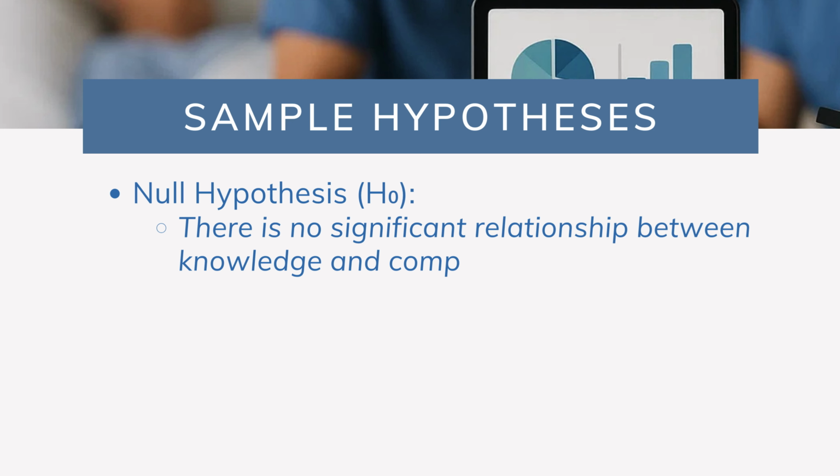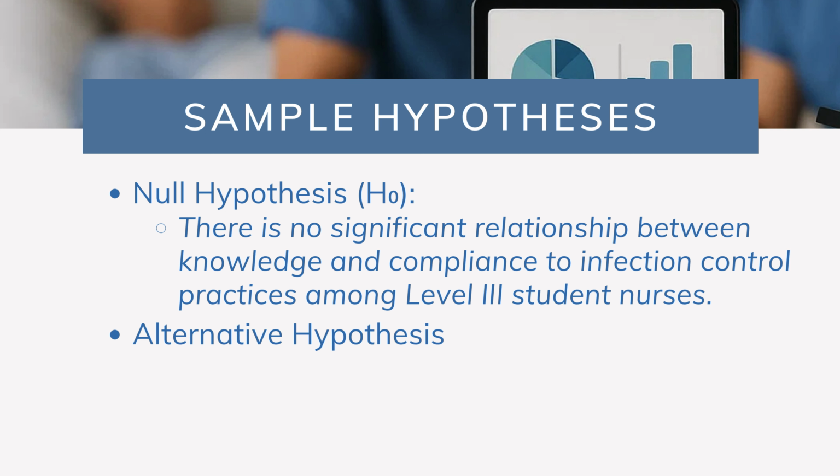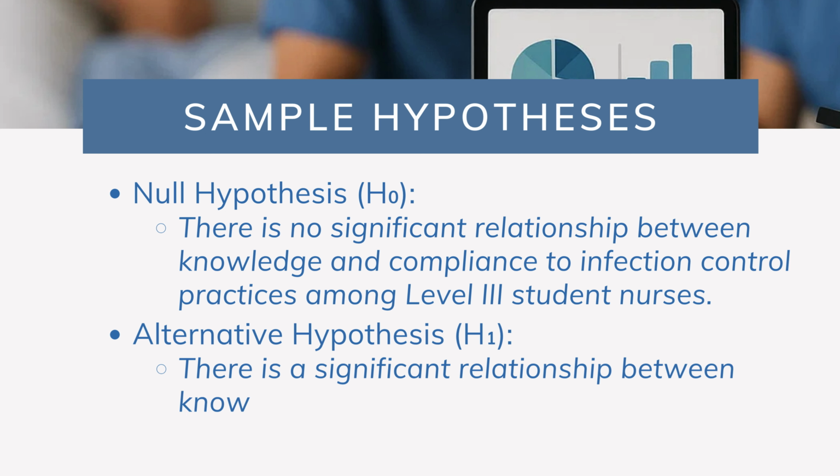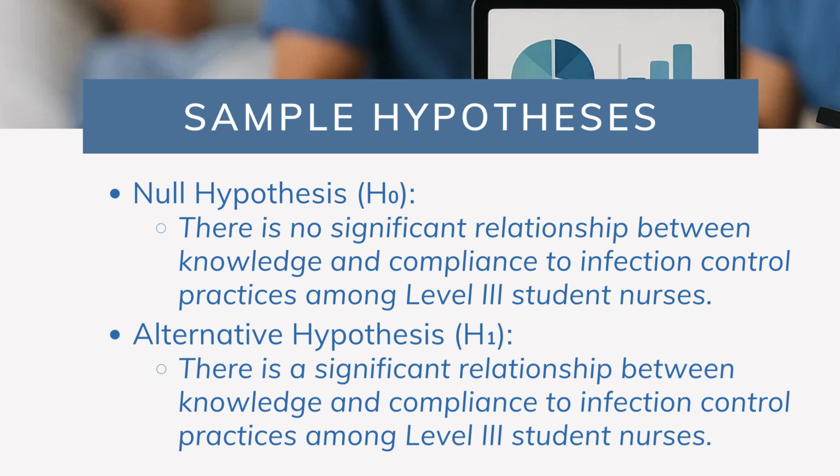There is no significant relationship between knowledge and compliance to infection control practices among Level 3 student nurses. Then your alternative hypothesis will be stated this way. There is a significant relationship between knowledge and compliance to infection control practices among Level 3 student nurses.